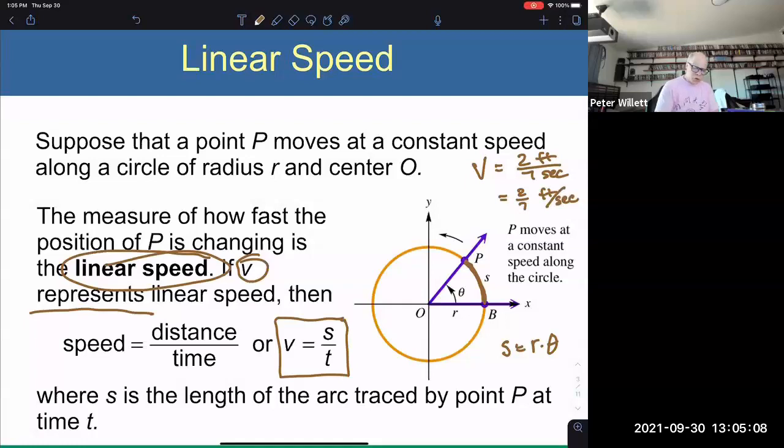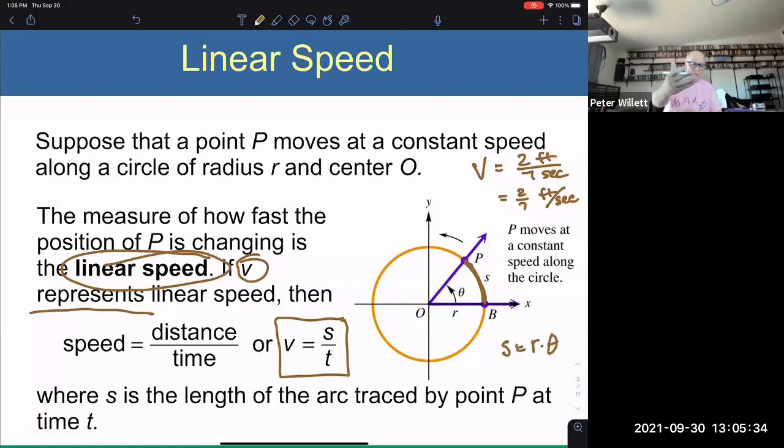Because you're dividing a length by a time, you're usually going to get a unit of length like feet or miles divided by a unit of time like seconds, minutes, or hours. One of the more common speed units that we're used to, at least in America, is miles per hour.